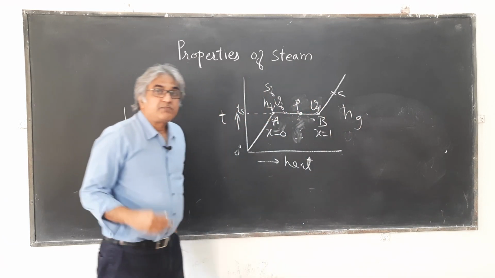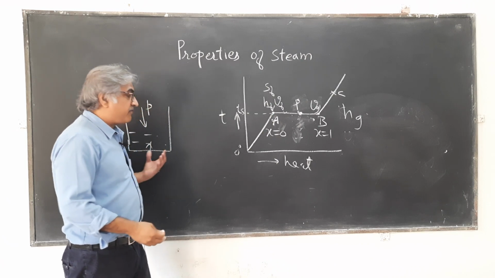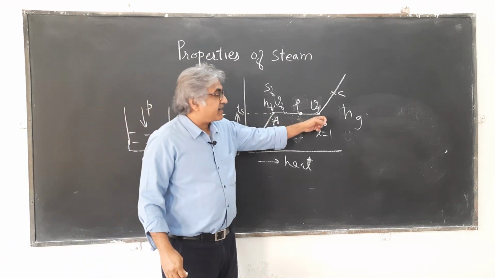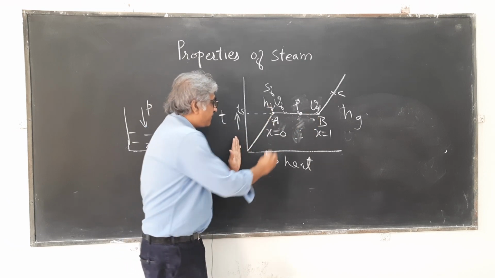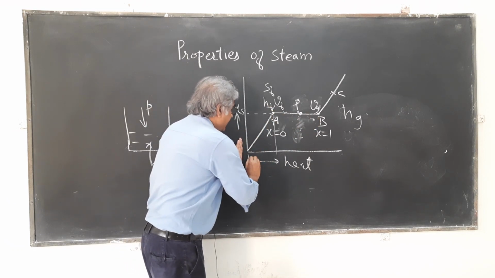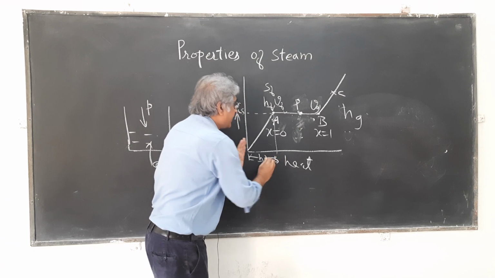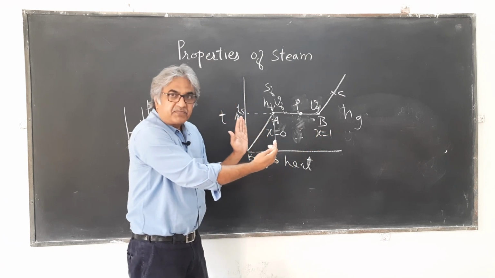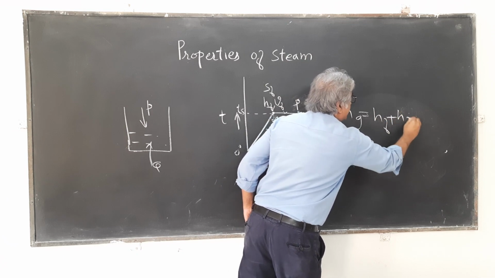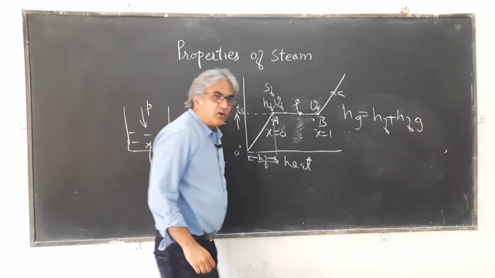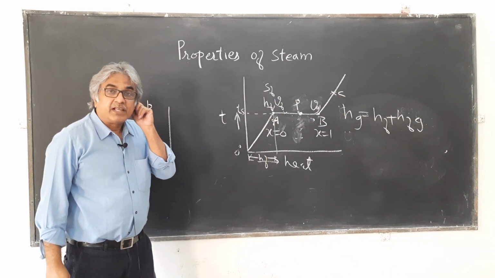Enthalpy will be Hg, the specific enthalpy. Obviously 1 kg of liquid was heated, so 1 kg of dry steam is formed. So this Hg will be Hf, the enthalpy of saturated liquid, plus total Hfg. So Hg is Hf plus Hfg.